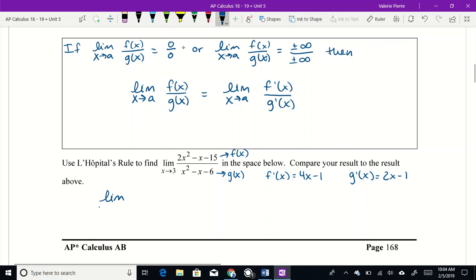Our new limit is the limit as x approaches 3 of 4x minus 1 over 2x minus 1. When we directly substitute, we get 4 times 3 minus 1 and 2 times 3 minus 1, which gives us 11 over 5, the exact same answer that we got when we factored and canceled.